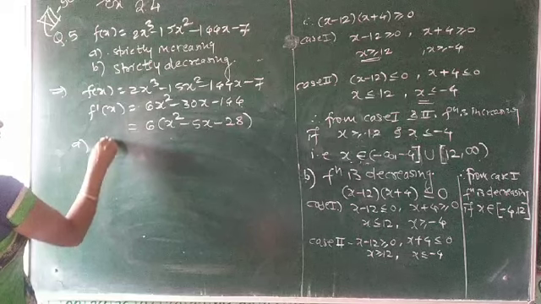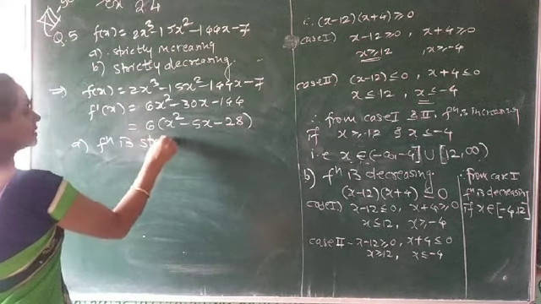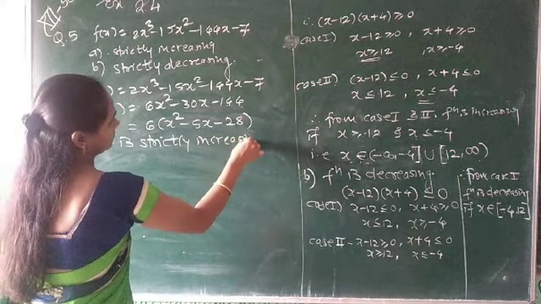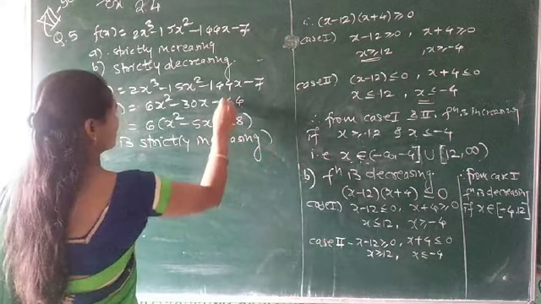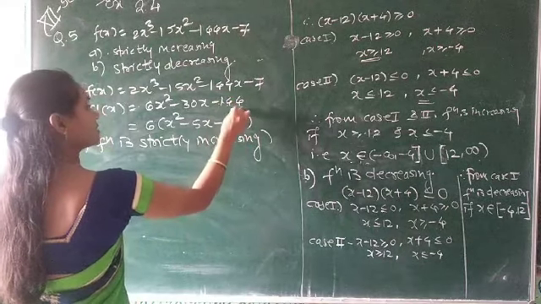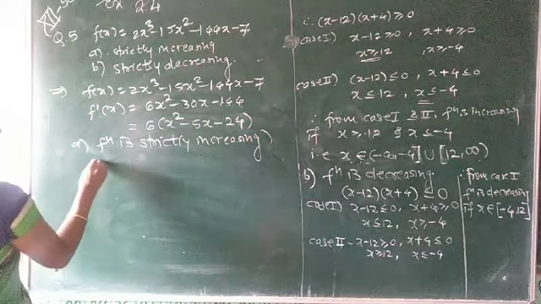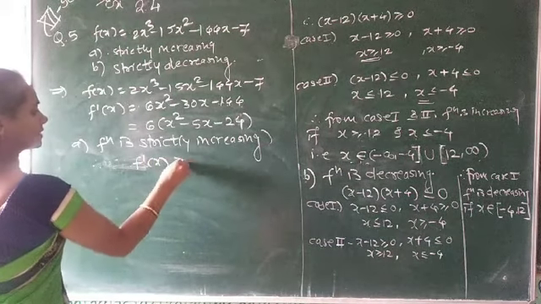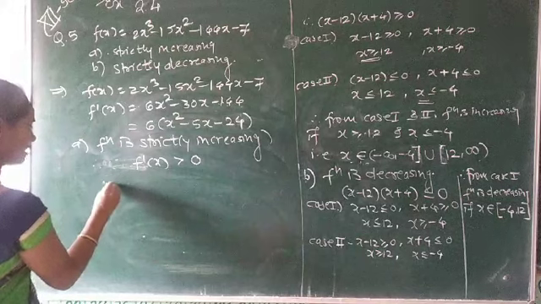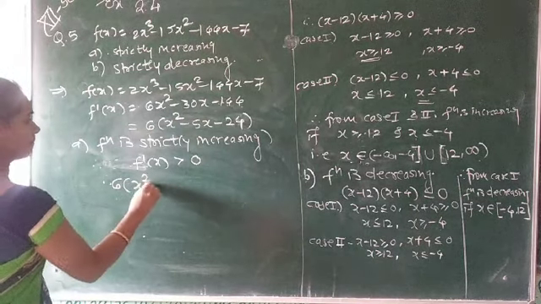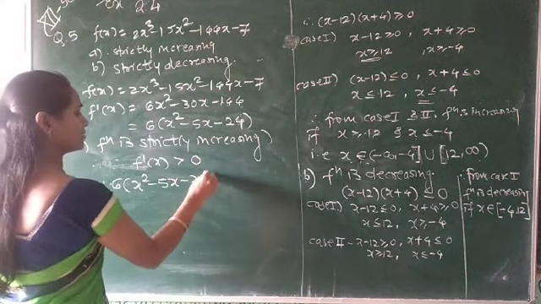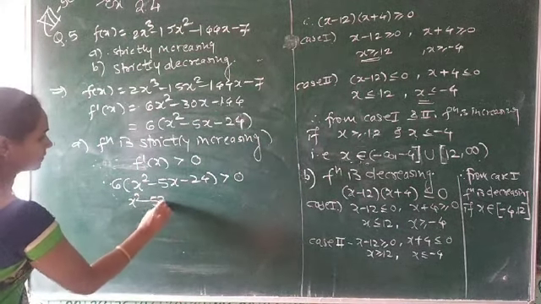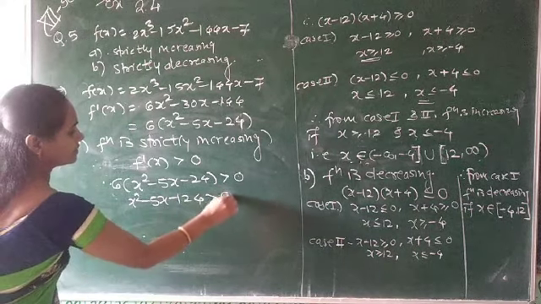Case first, the function is strictly increasing, so f dash of x greater than 0. Hence 6 into x square minus 5x minus 24 greater than 0.